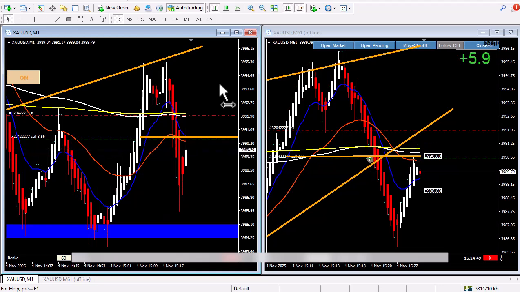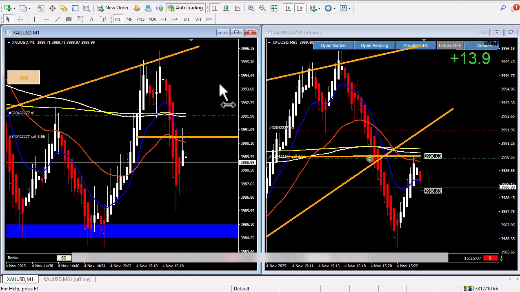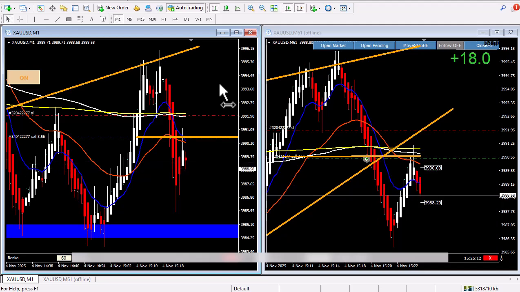Just moving down. Yeah, it's just moving down.